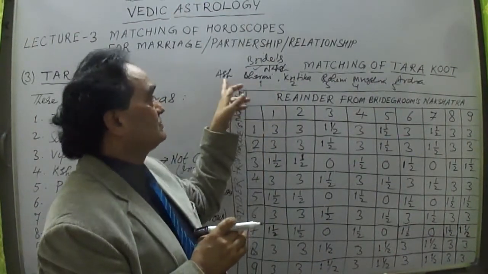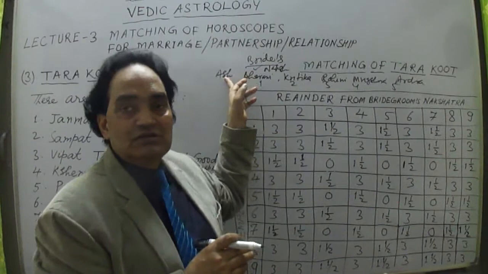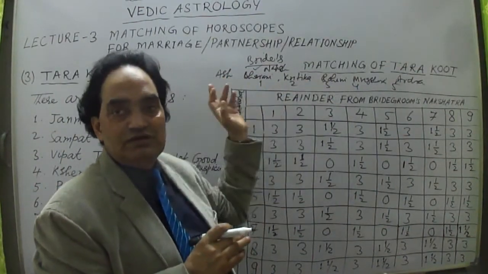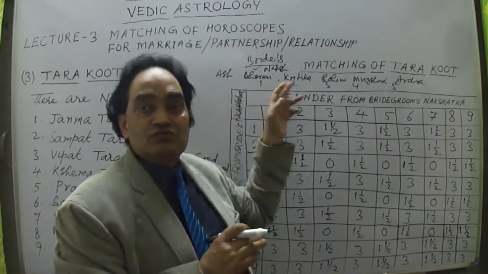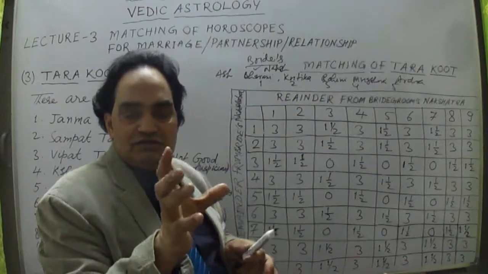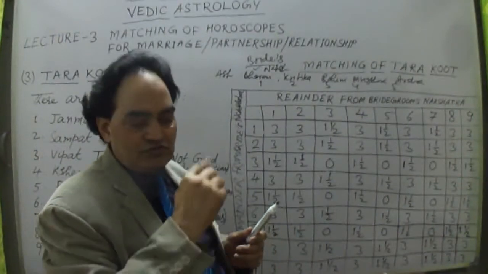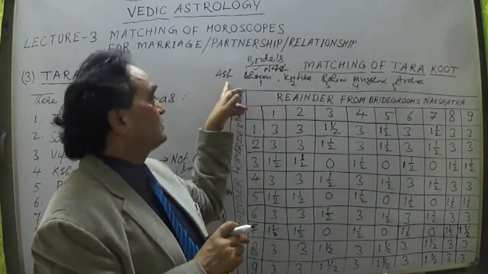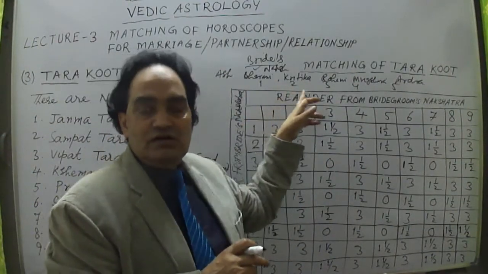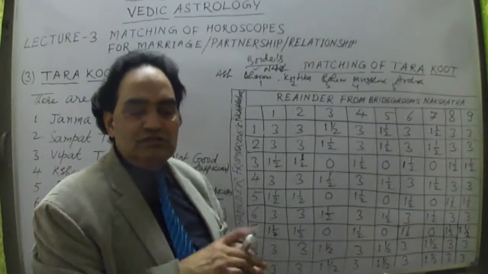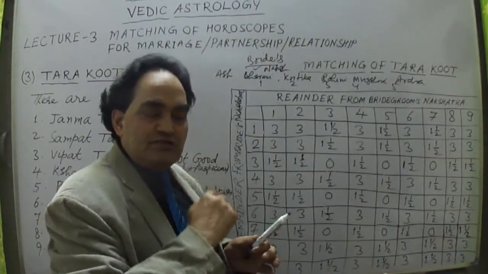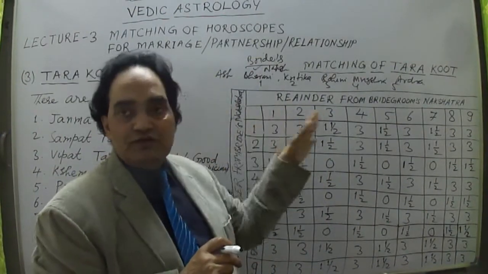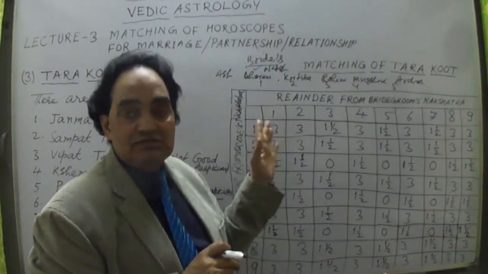From 17, since we are counting from the second, we subtract this 1, then we are left with 16. So 16 is the total difference between the bride's nakshatra and the bridegroom's nakshatra. Got the point?